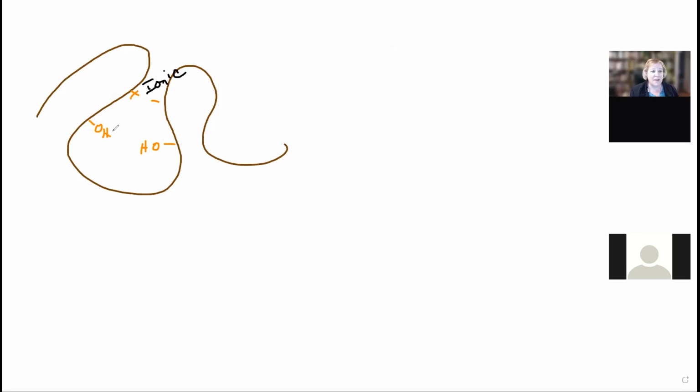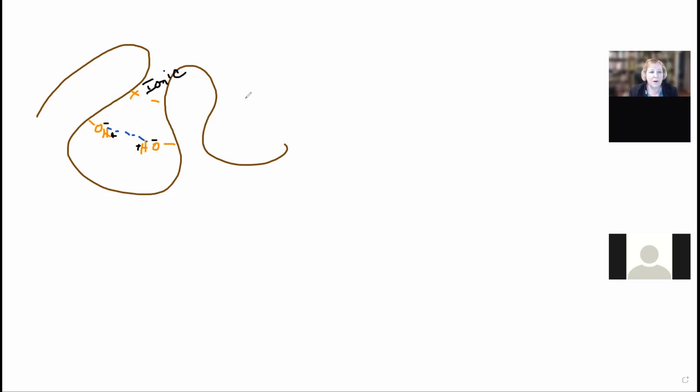And so we're going to have hydrogen bonds that are going to form. Okay. So this is going to have a slight negative charge, a slight positive charge, slight positive charge, slight negative. And so we're going to get a hydrogen bond. Okay. So this is a part of what holds the protein together.